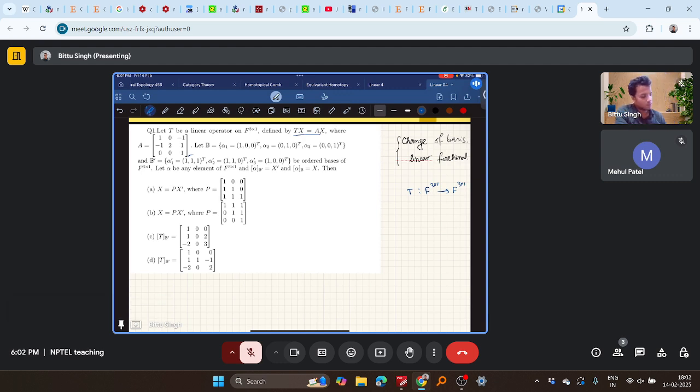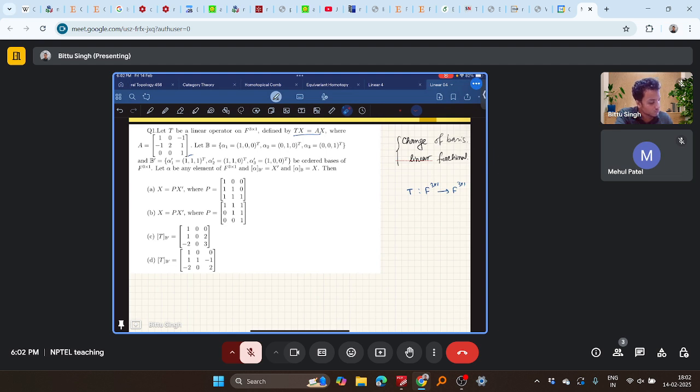Now two sets of bases are given. One is the standard basis, 1 0 0, 0 1 0, 0 0 1. Another is this, alpha 1 dash, alpha 2 dash, alpha 3 dash. Those are two ordered bases.